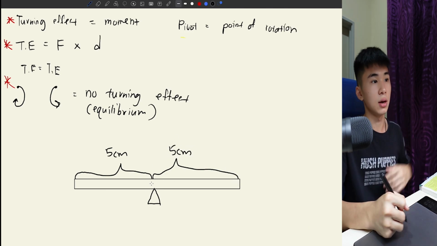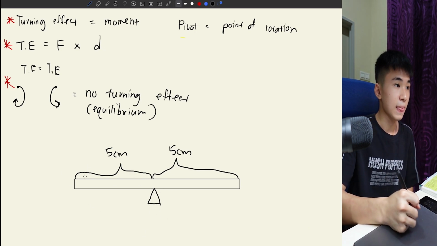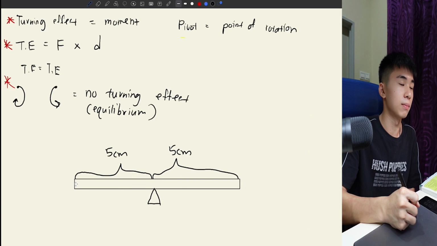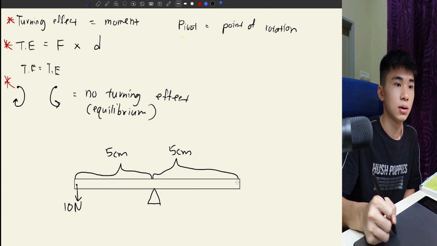Okay, so it's in the center. Right now, if we apply a force, let's say 10 newtons here and 10 newtons here.